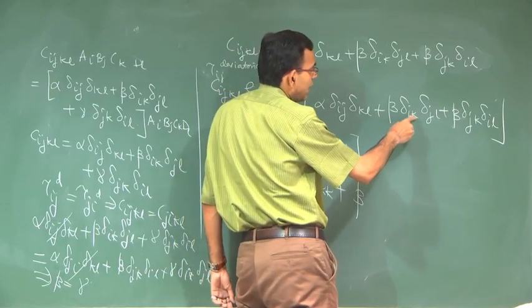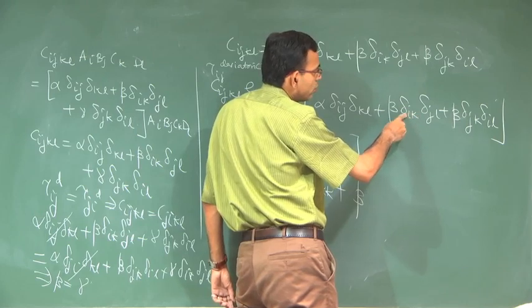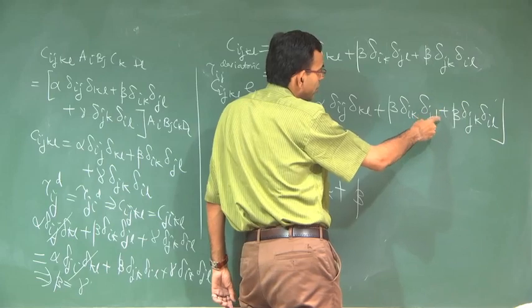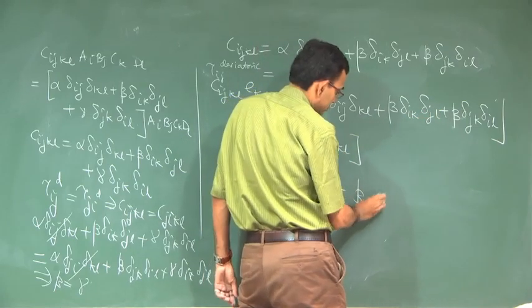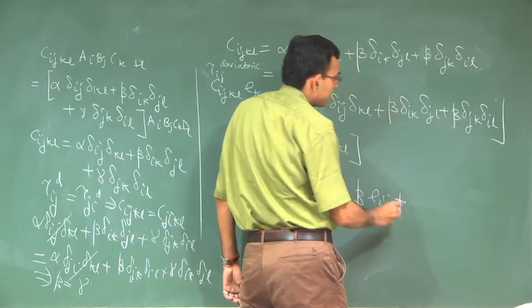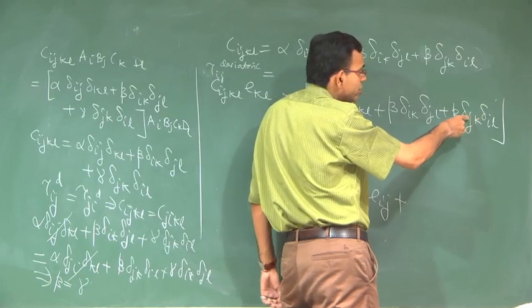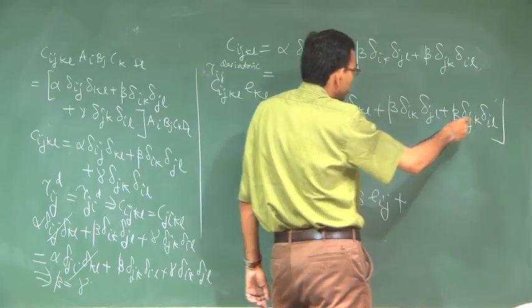Again, delta ik will be 1 when k equals i, and delta jl will become 1 when l equals j. So this will become Eij, plus delta jk will become 1 when k equals j, and delta il will become 1 when l equals i.